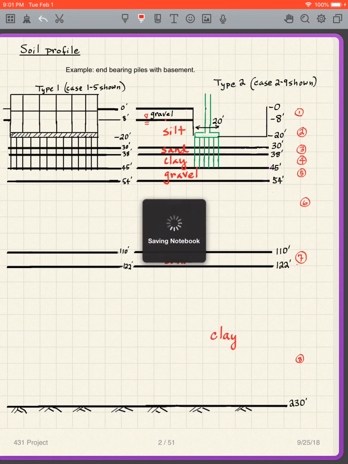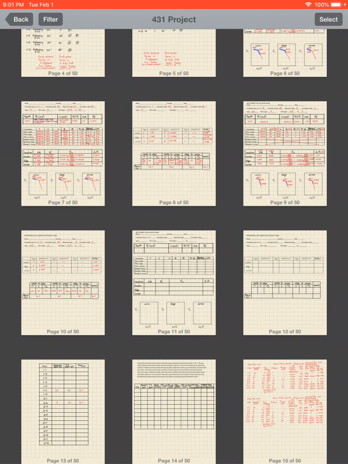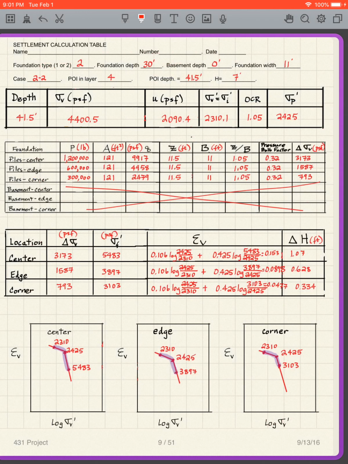So when we do our calculation, we only need to consider layer 4. The point of interest depth, you can figure that out, is 41.5. That means the thickness we're considering is 7. And then this is what is there before the building is built. So that you can do. You've done it a million times.